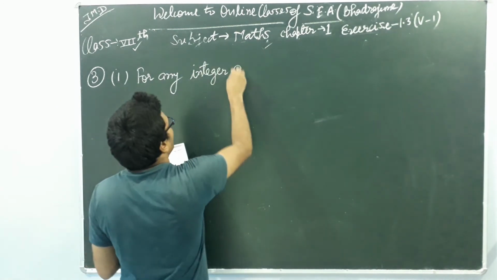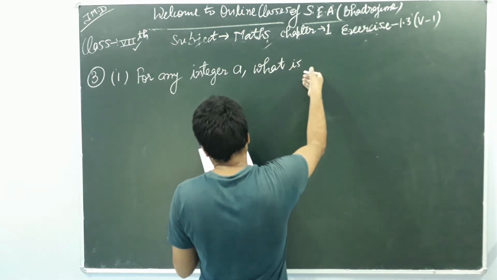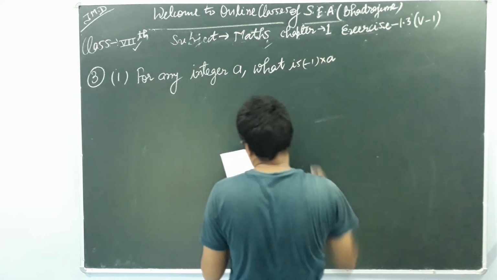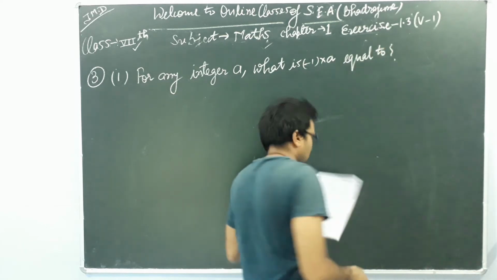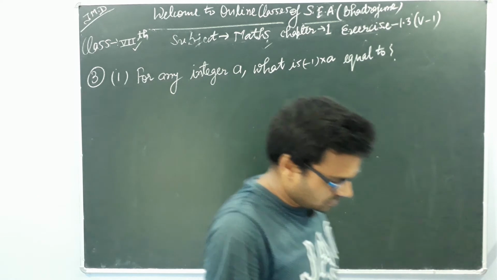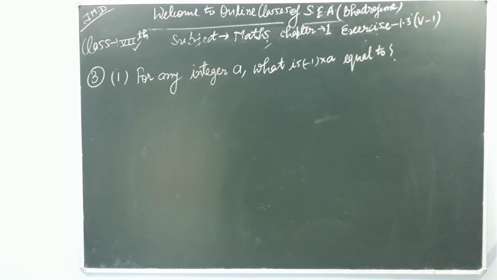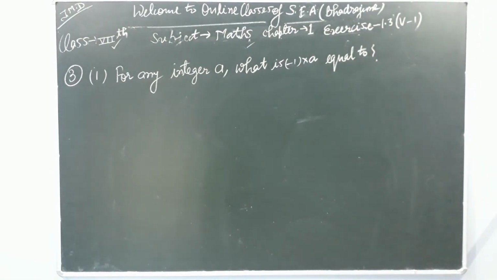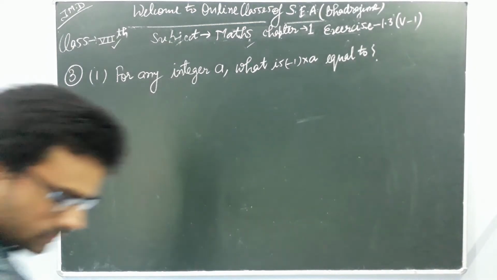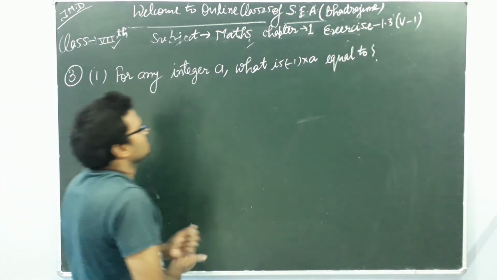For any integer small a, what is minus 1 multiplied with small a equal to?